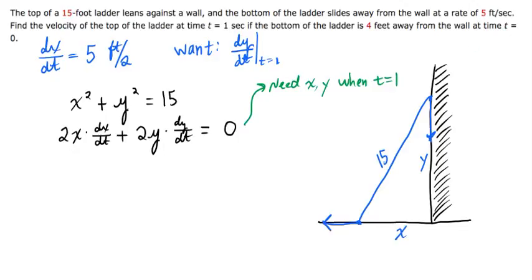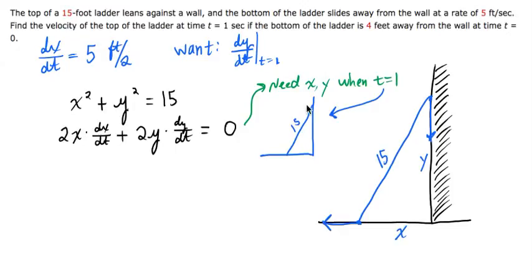So the bottom of the ladder starts at 4 feet away. So what I'm going to do is draw a snapshot of this situation at the moment when t is 1. This is like a picture of how it's changing, because I've got variables labeling my quantities that are changing. Now I'm going to draw a picture of it at the moment when t is 1 and label all of the fixed values here.